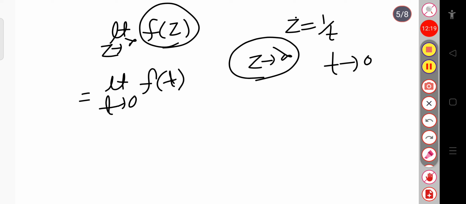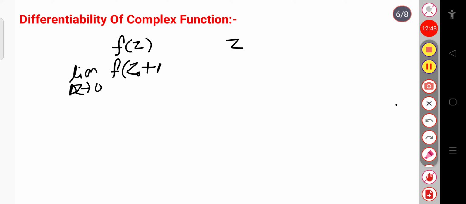Okay. Now we will see the differentiability of the complex function. A complex single valued function f of z is said to be differentiable in some neighborhood of z if the limit as delta z tends to 0 of f of z naught plus delta z minus f of z, divided by delta z, exists.